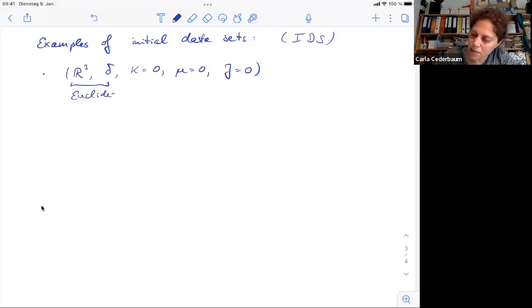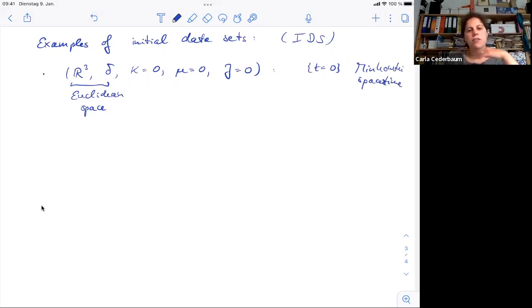Delta is my symbol for the Euclidean metric. This K tensor that we talked about just a moment ago is 0, and also the matter variables are 0. And this is, in fact, the t equals 0 slice of Minkowski spacetime for the canonical time t. So this is this plane in Minkowski spacetime, and this is the time direction. And we call it the canonical initial data set of Minkowski spacetime.